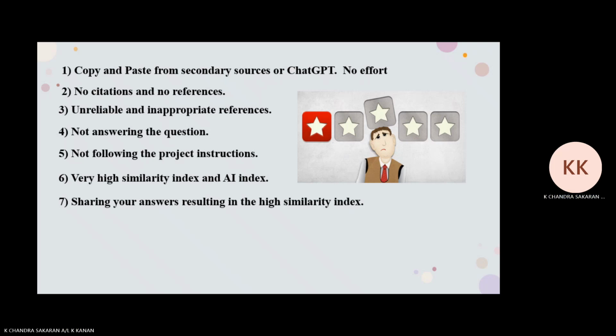If you don't follow the instructions of the project, then you have a problem: very high similarity index, very high AI index. If your similarity index is very high, you must make changes to the answer, because Turnitin will tell you where the similarity is. You do the changes on those parts and resubmit. You can resubmit many times, no problem. But after the 18th of January, you cannot submit anymore.